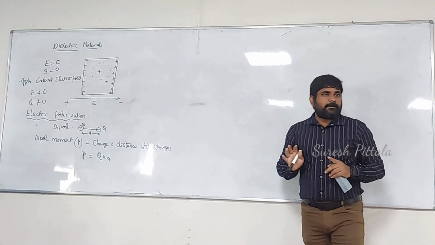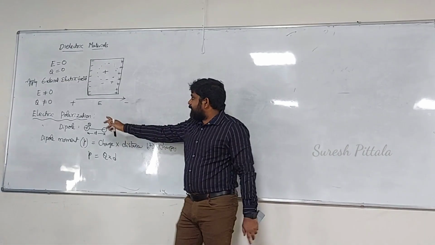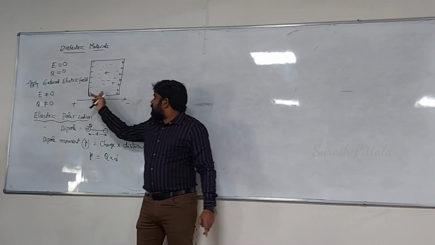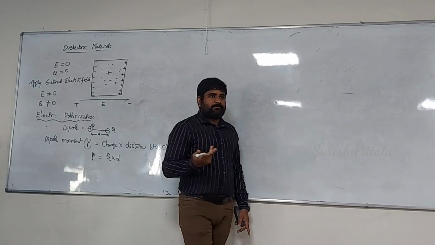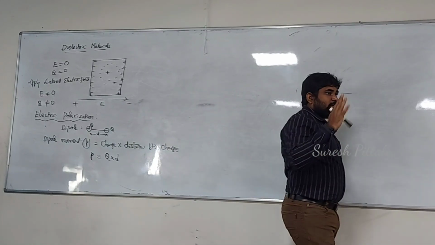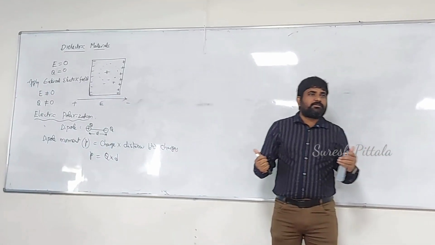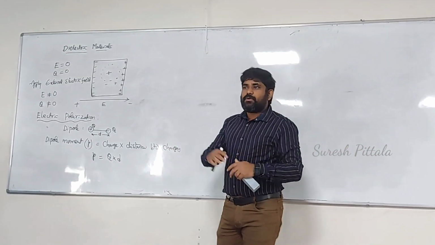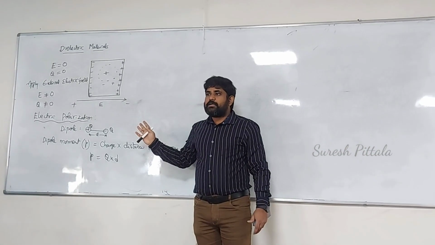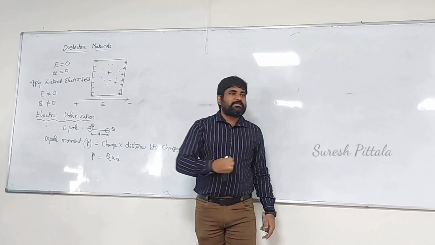Are you getting? Okay. But when you apply the electric field, now there is a separation between them. So charges are there and also distance is there. So dipole moment is no longer 0. Right? So that is the beauty of application of the electric field.